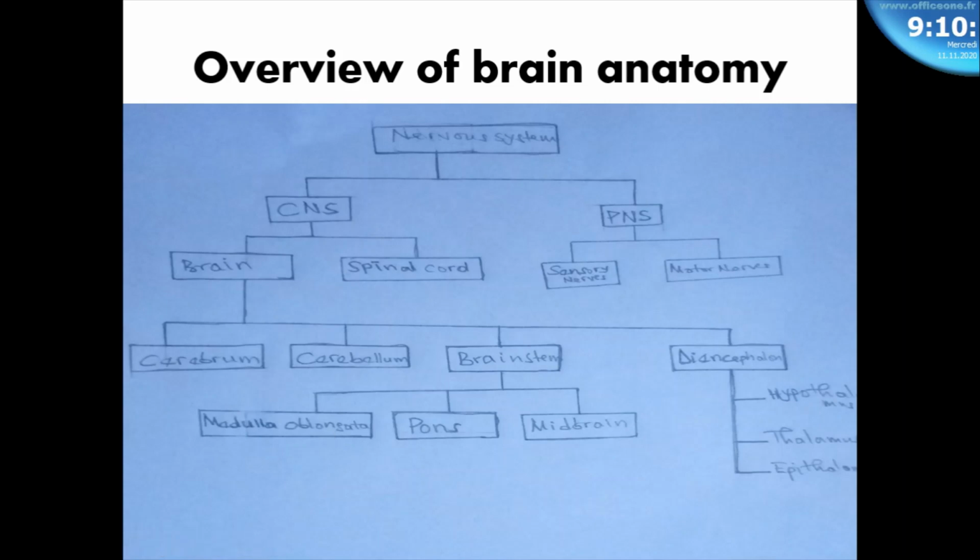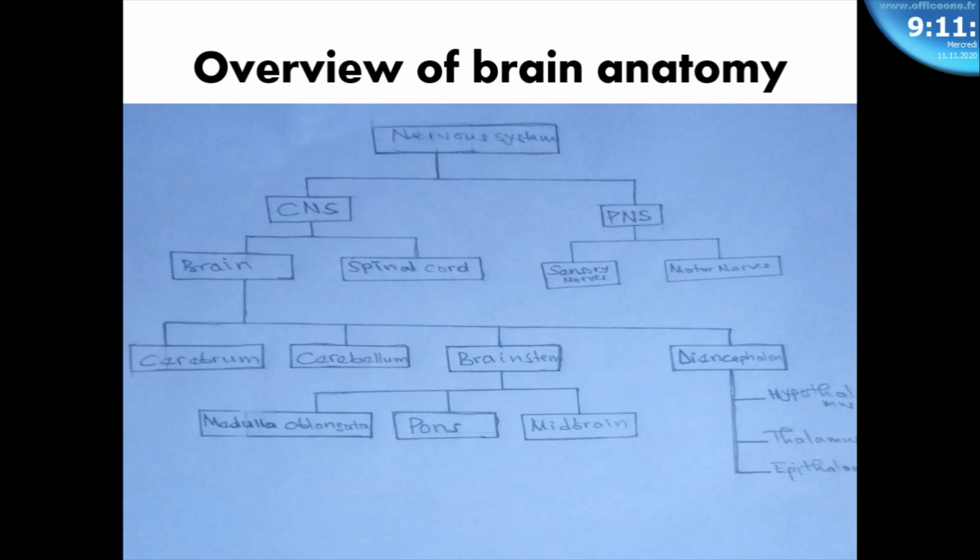In the peripheral nervous system, we have sensory and motor nerves. Sensory nerves take electrical impulses to the central nervous system, while the motor nerves take the efferent signals away from the central nervous system.